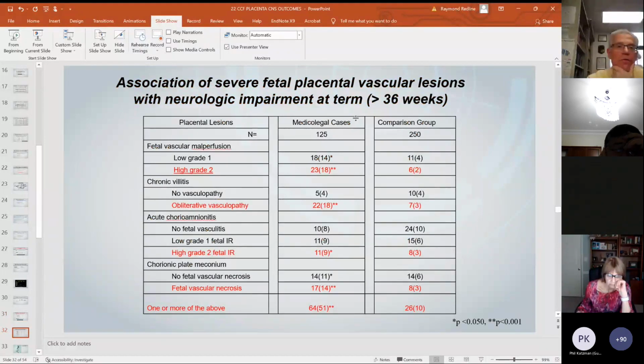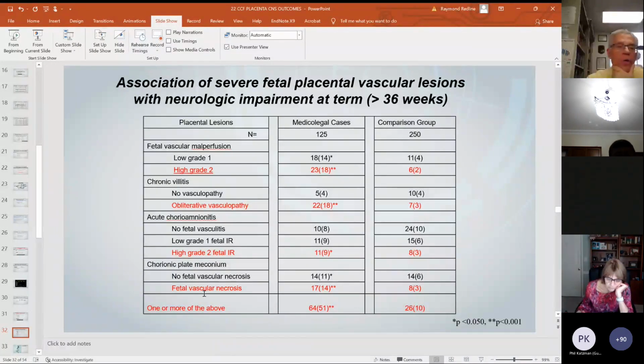And for all of the 4 categories of severe vascular lesions, fetal vascular malperfusion, chronic villitis with involvement of large fetal vessels, acute chorioamnionitis with a high-grade fetal inflammatory response, and meconium with necrosis of the chorionic plate vessels, it was the high-grade response that was significant, whereas the low-grade response was either borderline significant or not significant at all.